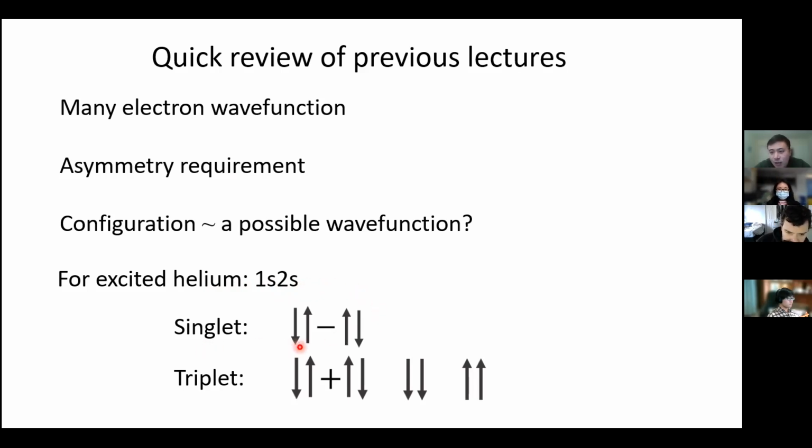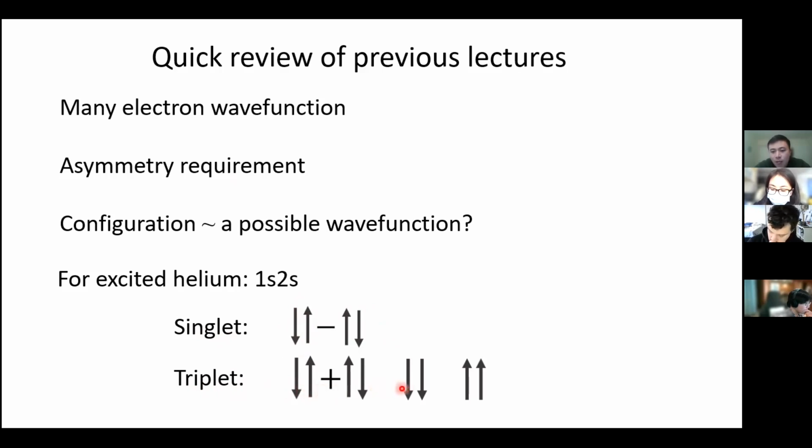One is a singlet, and the singlet is in fact not either of those four possible configurations, but instead is actually a linear combination of these two configurations, right? Because if we only use this one, it doesn't satisfy the asymmetry requirement for the wave function. So we have to construct a linear combination. And for the singlet, it's actually a subtraction, and the addition then turns out to be part of the triplet.